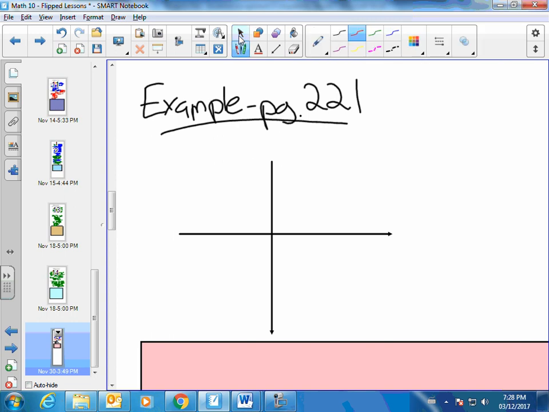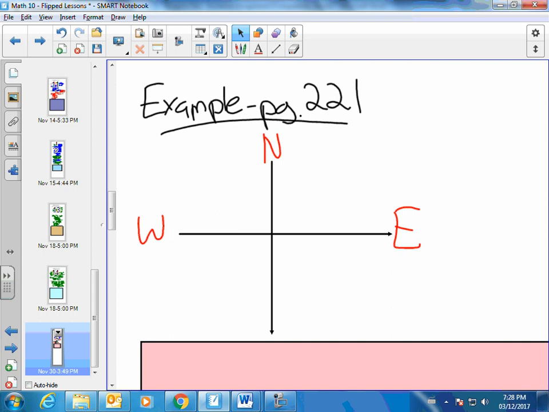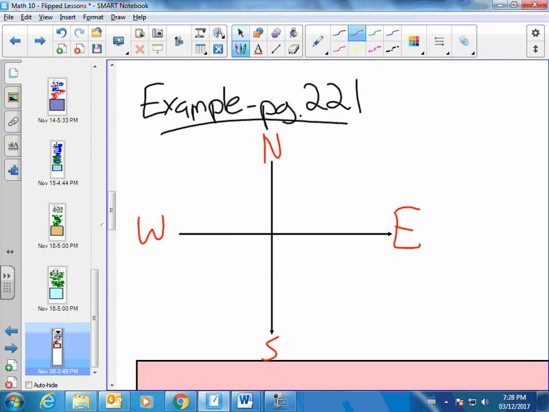Now most people have seen a compass. North, west, east. I'm going to slide this out of the way, and south over here. Well, let's for a second imagine that we've now put degrees onto our compass.